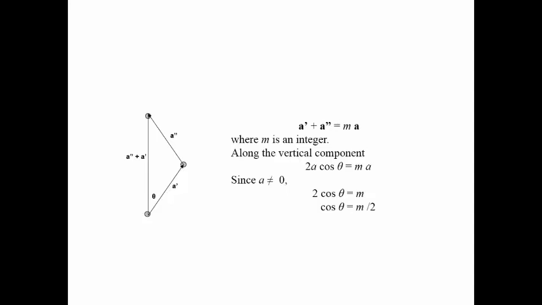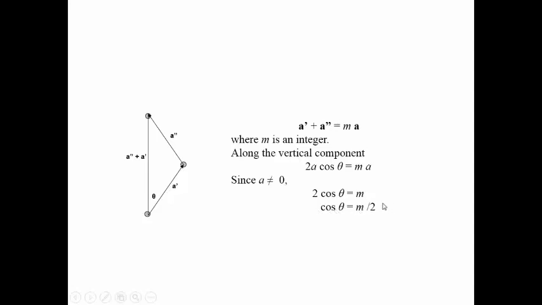Well, now we have a very, very interesting situation. Are there any restraints on what this equation is? Think of cosine. What's the maximum you can have of a cosine? Plus 1. What's the minimum? Minus 1. So the cosine of theta has to be between plus 1 and minus 1.